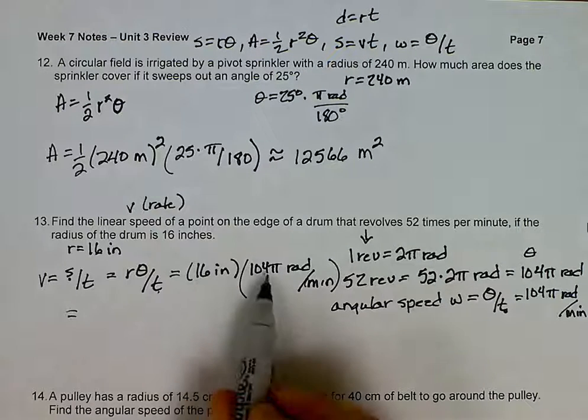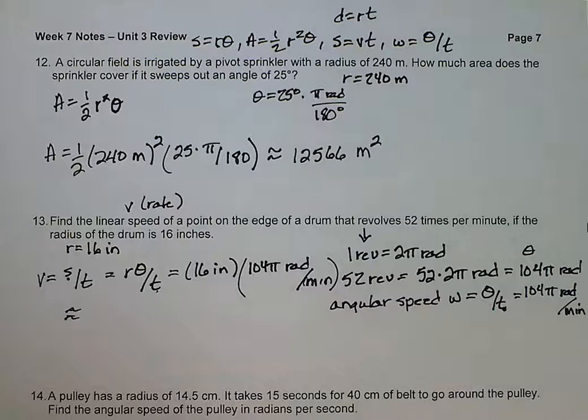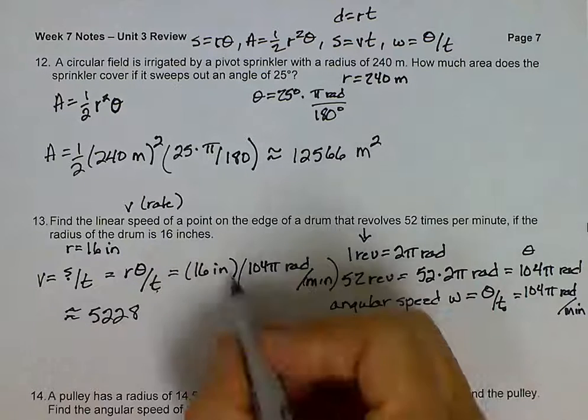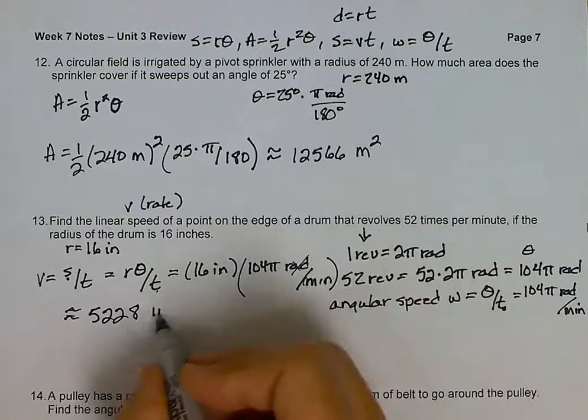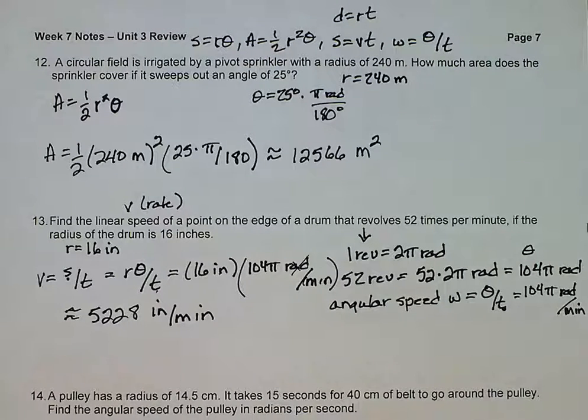Now I can just multiply the 16 times the 104 pi and get my answer. I'm going to round this to the nearest inch per minute. That gives me 5,228. The units I have left, if I ignore the radians, would be inches per minute. And that's my linear speed.